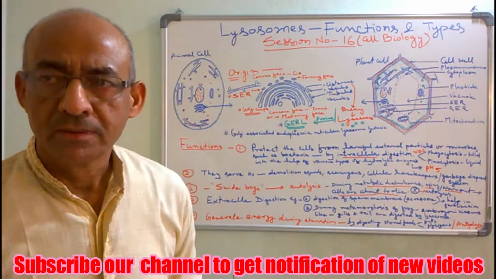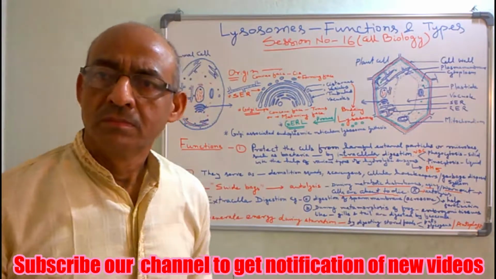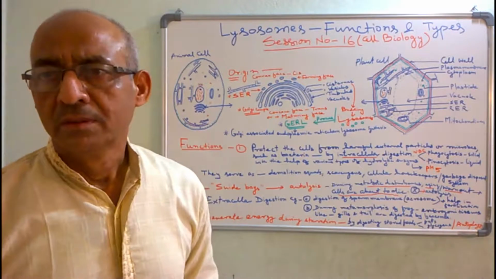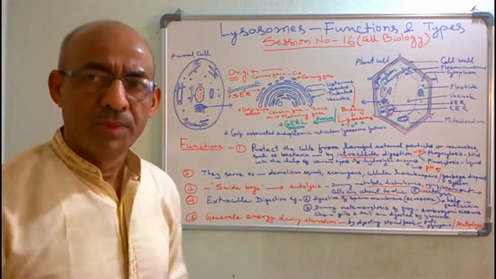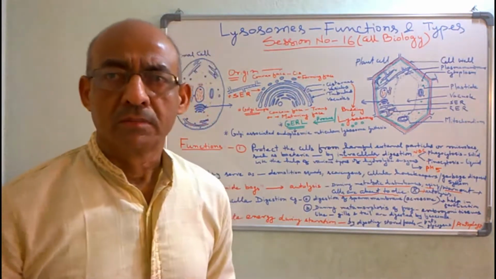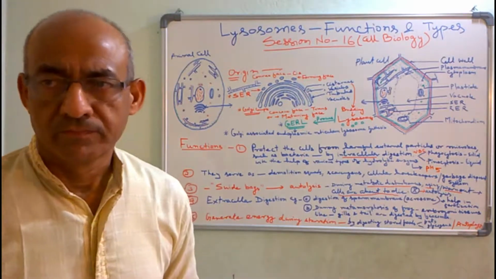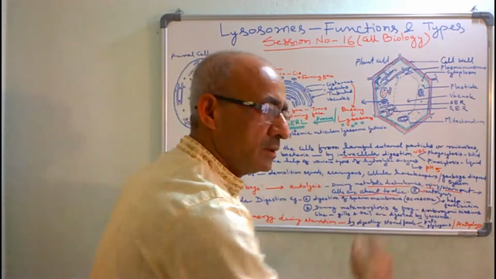After that, digestion starts inside the lysosomes or WBC by making food vacuole-like structures with the help of enzymes found inside them.